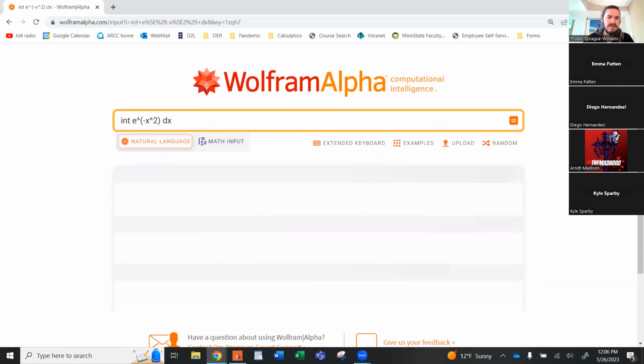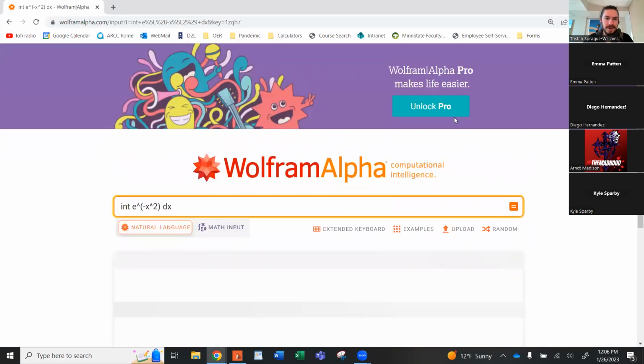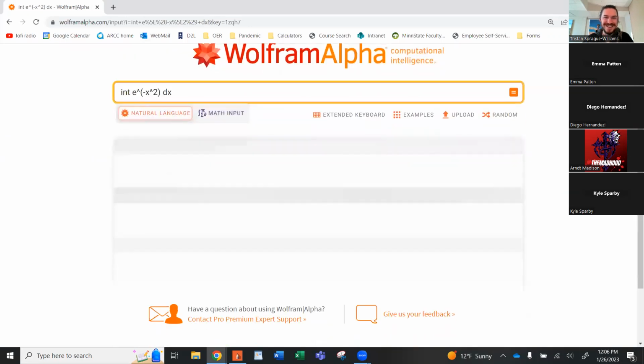that the antiderivative of e to the negative x squared is, come on, Wolfram Alpha, you can do it. I know you got to think hard about it. I know it's complicated, but I know you know it. You got this. Where are you? What's going on, Wolfram Alpha? Is it just my internet is slow right now?